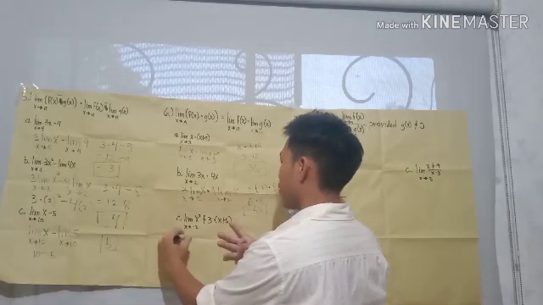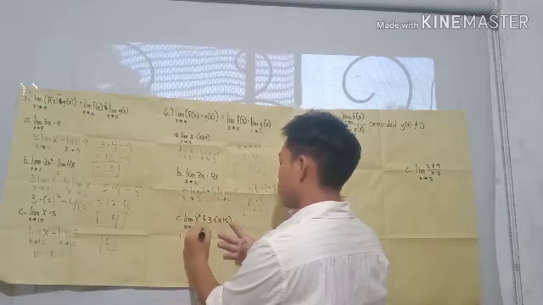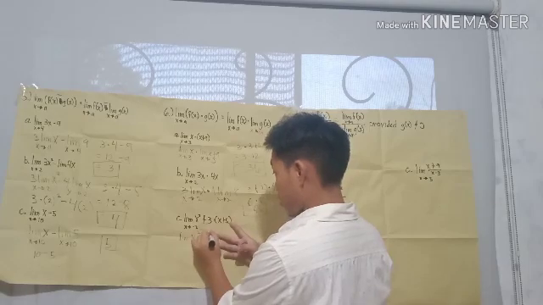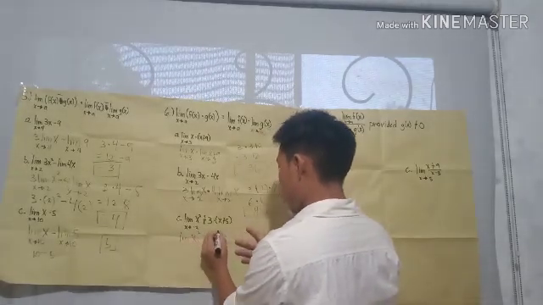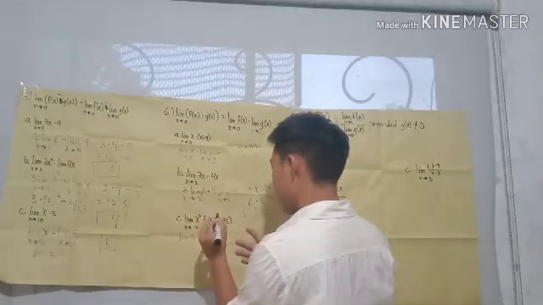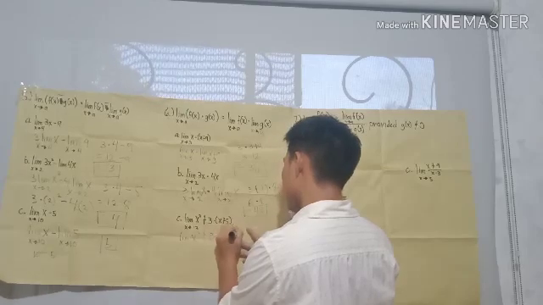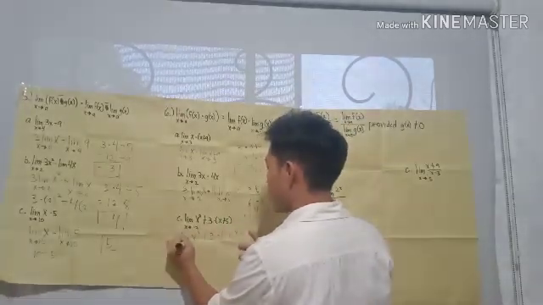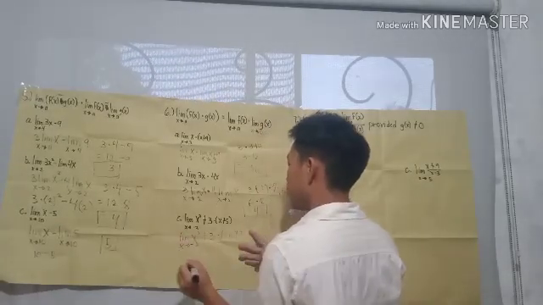Limit of x squared plus 3 multiplied by limit of x plus 5 as x approaches negative 2.